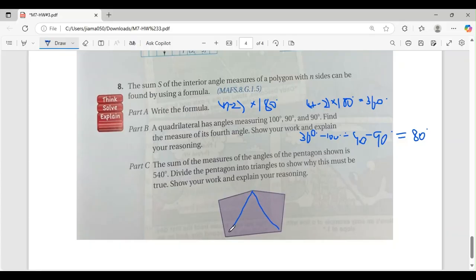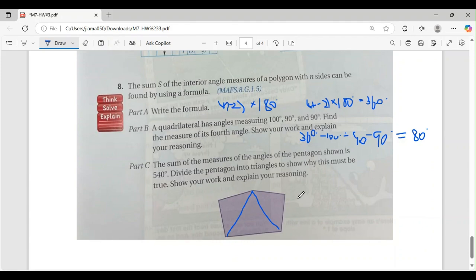If we start from one of the vertices and draw diagonal lines to two non-adjacent vertices, we can divide the pentagon into three triangles. For example, like this. So there are three triangles now, one, two, and three. So the sum of the interior angles of each triangle is 180 degrees.